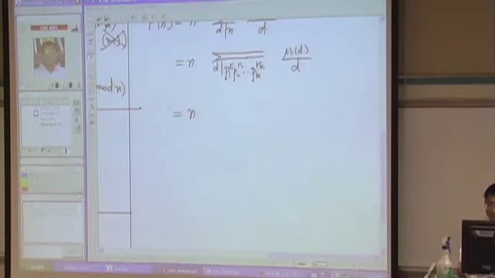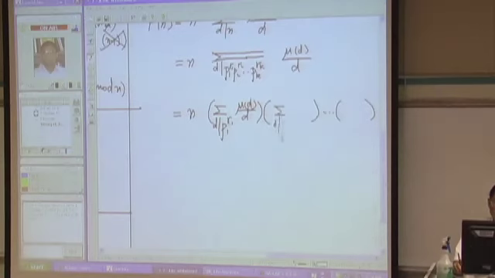I only use the multiplicity of the mu function and the d function. So because it's multiplicative, I can split these into d dividing P1 to the R1, and then P2 to the R2.